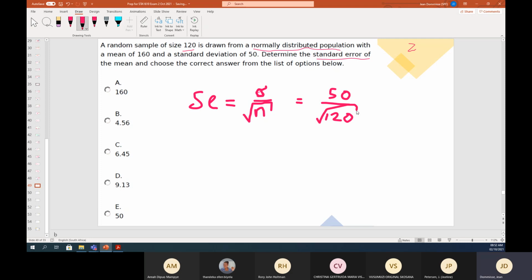So that's 50 divided by the square root of 120. That answer gives me 4.56, which is that one.